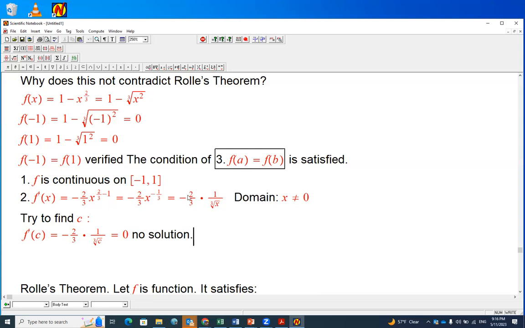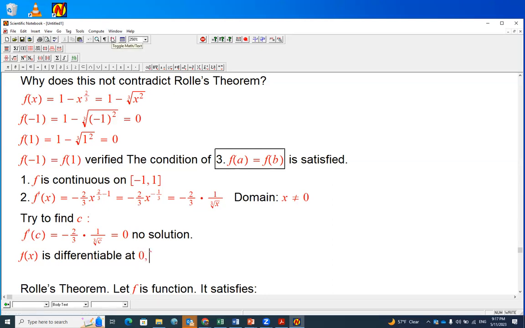No, because here we already see that 0, which is inside the interval between -1 and 1, is a point where the function is not differentiable. F of x is not differentiable at 0.